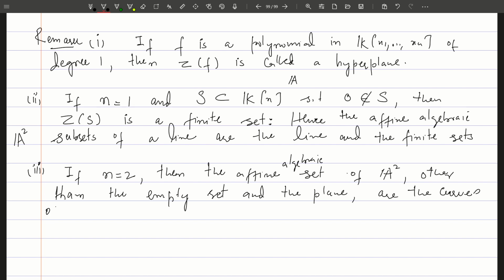of the form zero set of some f. So one type of algebraic sets will be these curves, and the other algebraic sets will be finite sets of points.